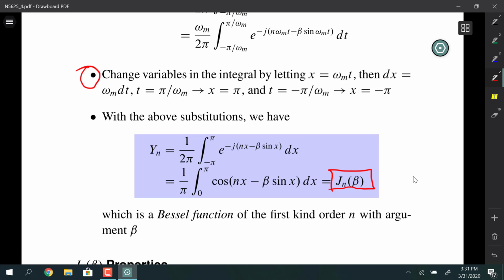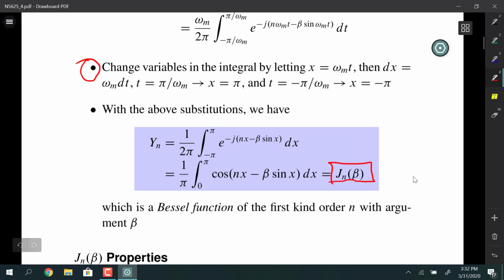The name is named after the founder of the function when he was solving a particular differential equation, which now has his name. So Bessel is the guy's name, and this is the first kind of order n with argument beta. So if you've never dealt with special functions before, here you go. This is a whole family of special functions. The first kind of order n with real argument beta.